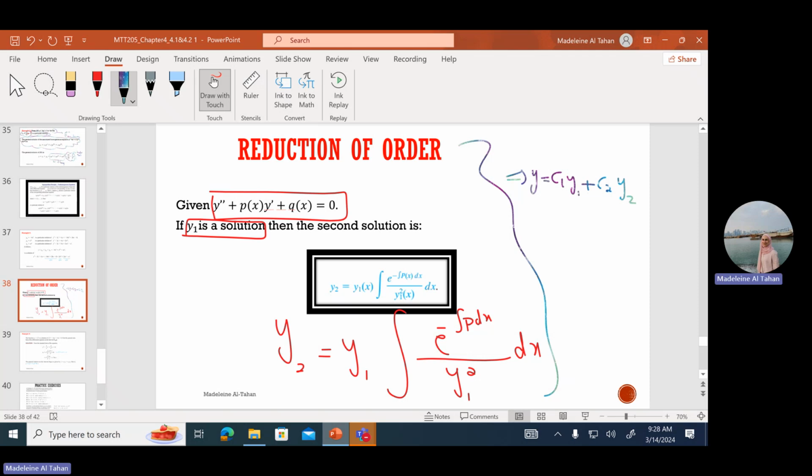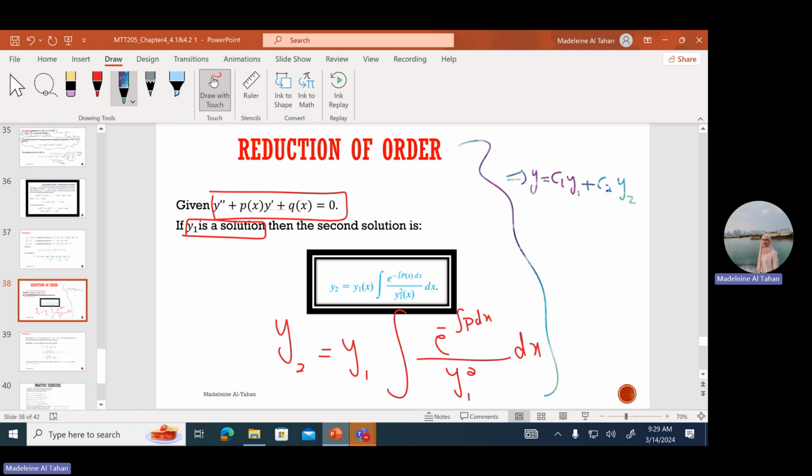You write the formula. We'll put an example, we'll do it in detail on the board, and then we'll choose one of the examples from the practice exercises.